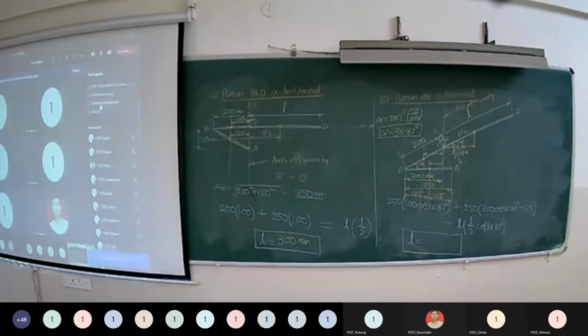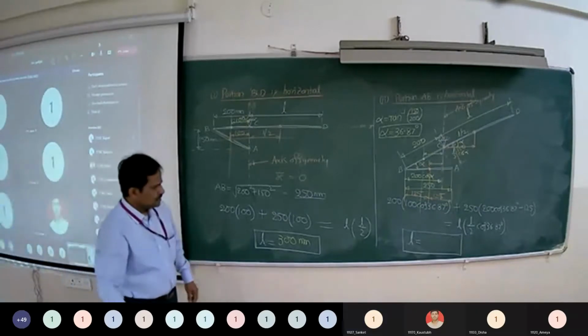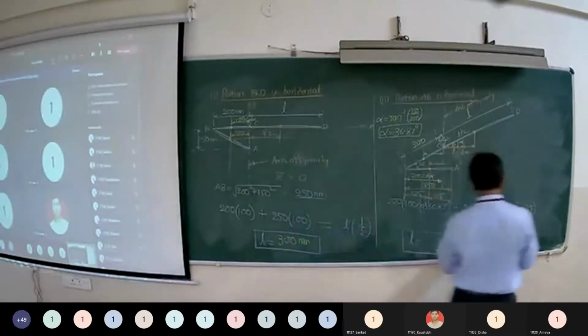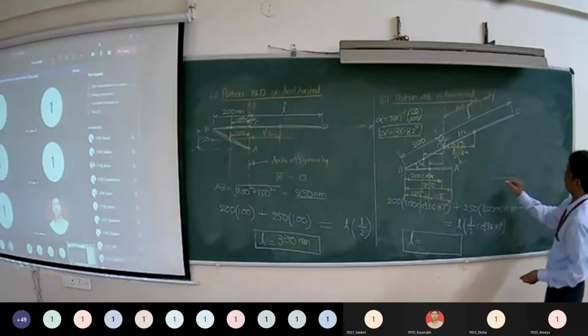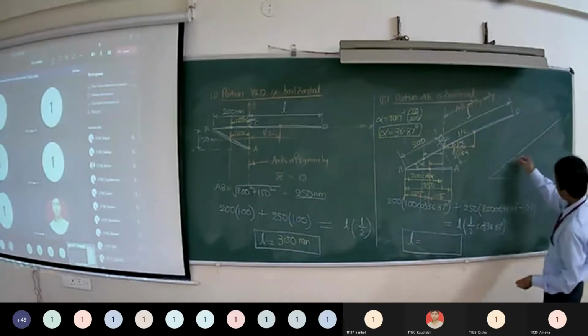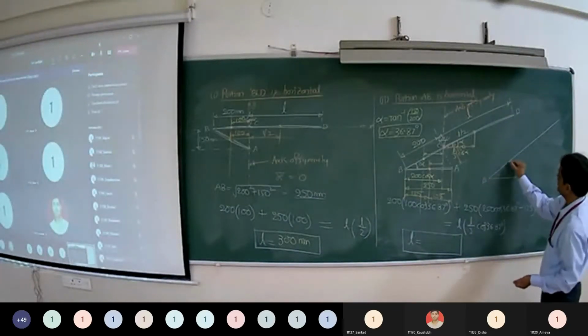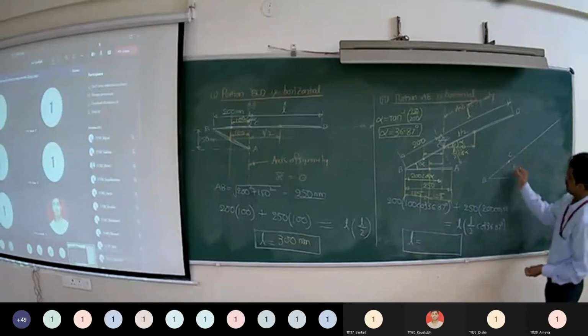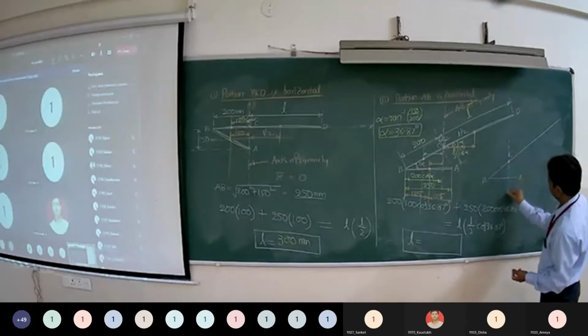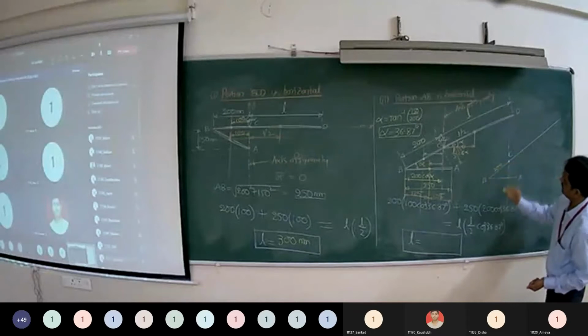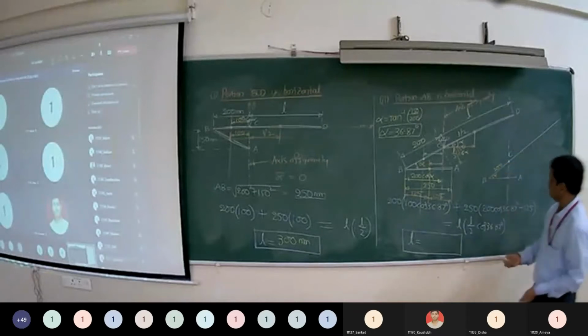Please explain that 200 into 100 cos alpha, that distance 100 cos alpha. So we have this A, B, C. Now BC is given 200 and this is angle alpha.